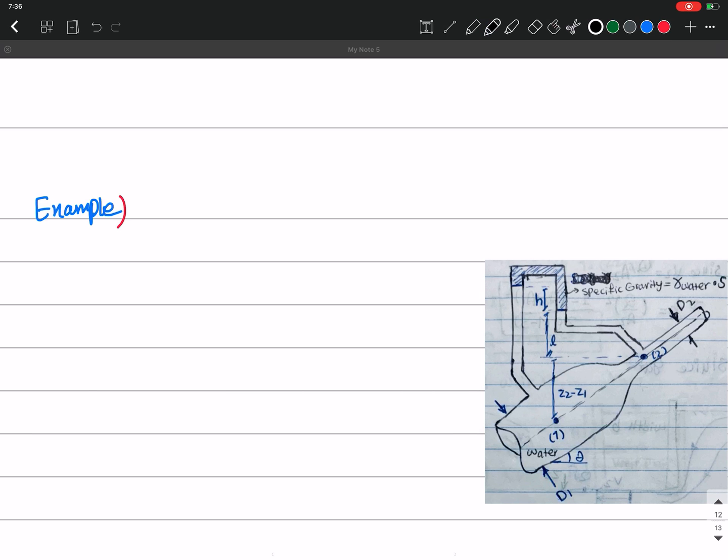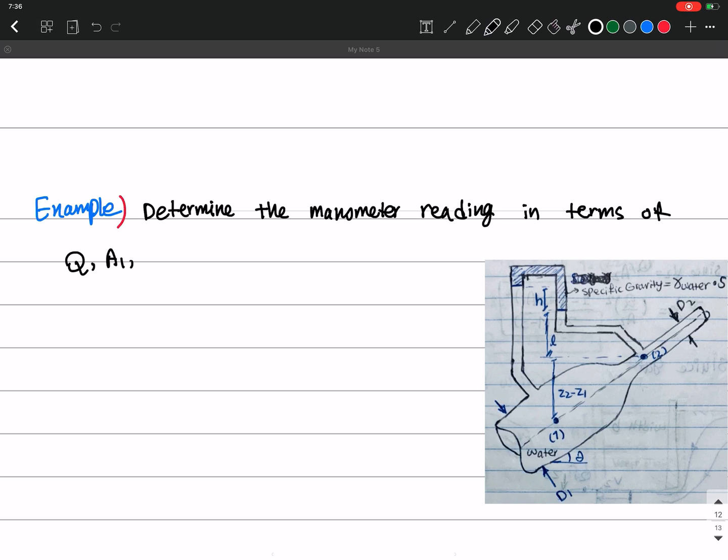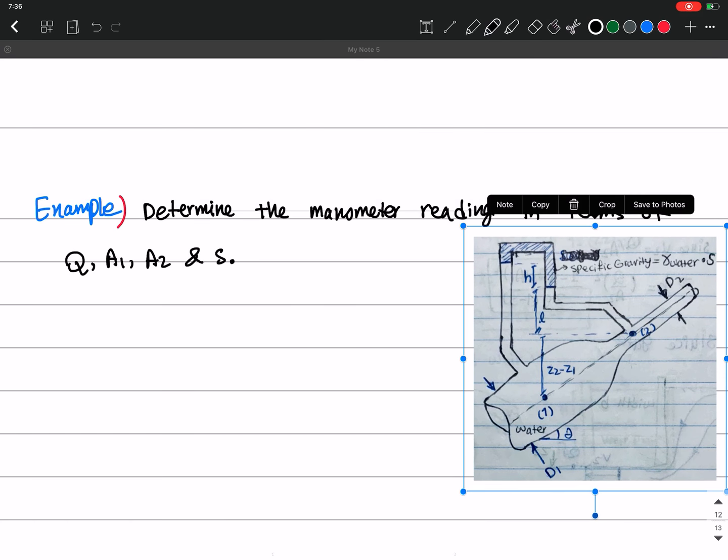In this example, we want to determine the manometer reading in terms of Q, A1, A2, and S. Okay, so here this is the problem configuration.